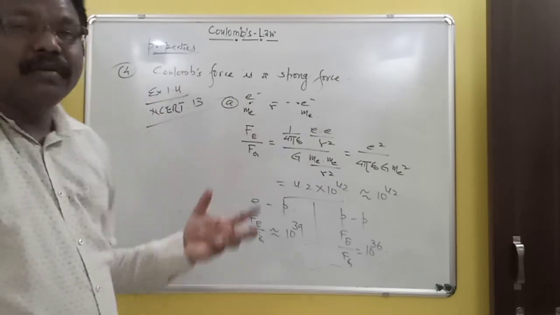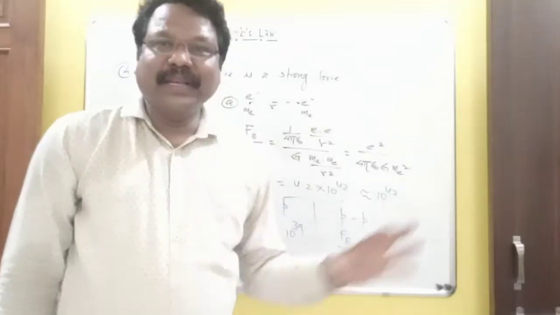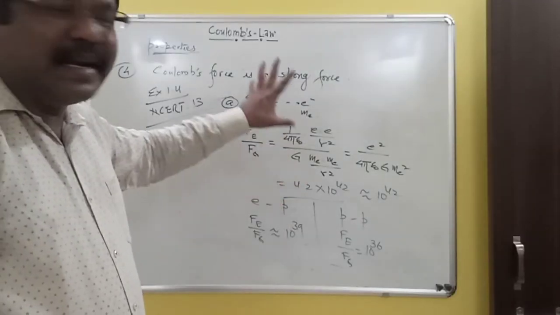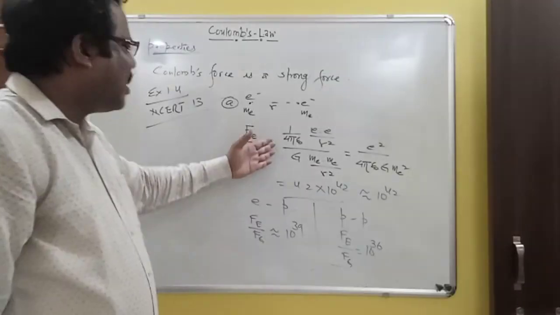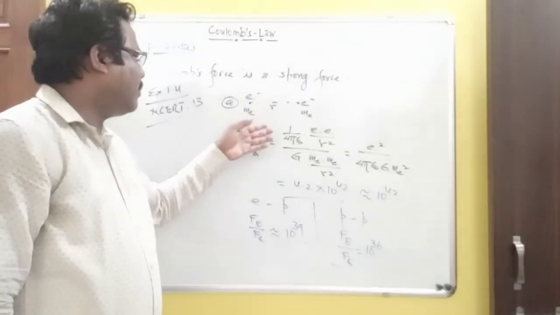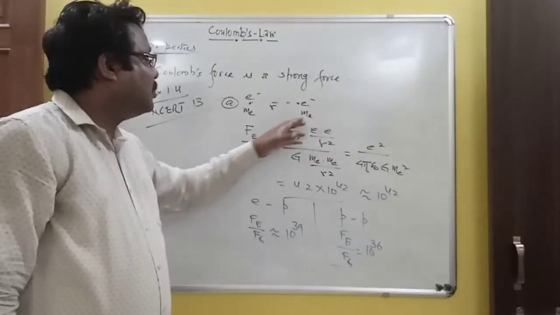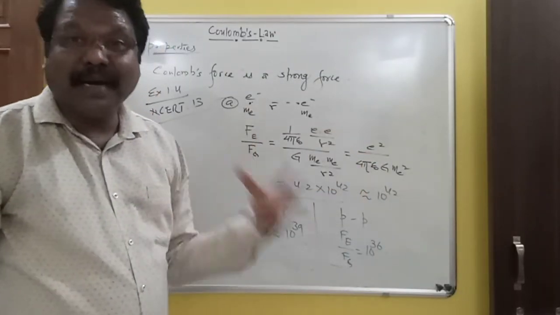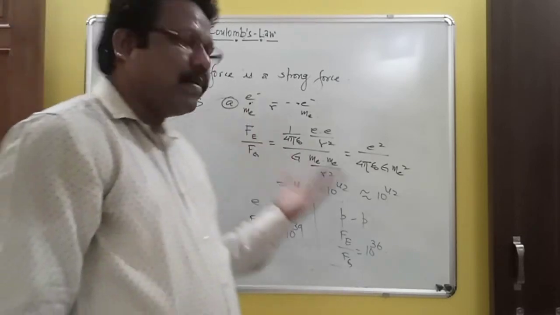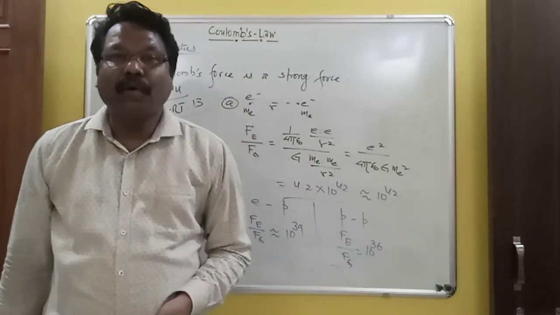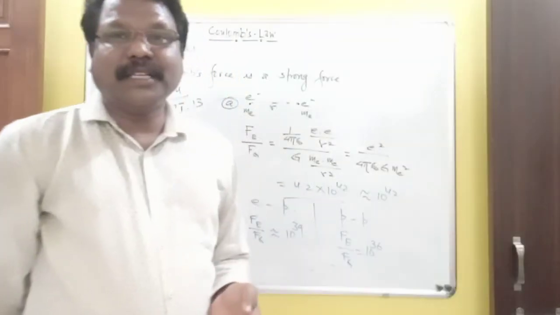So be careful. Coulomb force is a strong force, and these examples are given in that NCERT book, and you can very easily calculate the ratio of electrostatic force to gravitational force. What you have to know are the charges and their masses. The charge of the electron you know is 1.6 into 10 to minus 19, and its mass is 9.1 into 10 to minus 31.